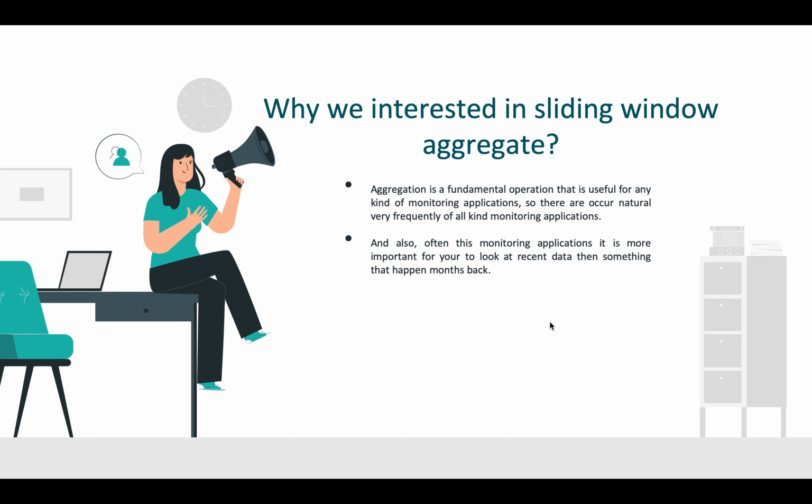Next is why we use sliding window aggregates. Aggregation is a fundamental operation that is very useful for any kind of monitoring application. So they occur naturally and frequently in all kinds of monitoring applications that we have currently.